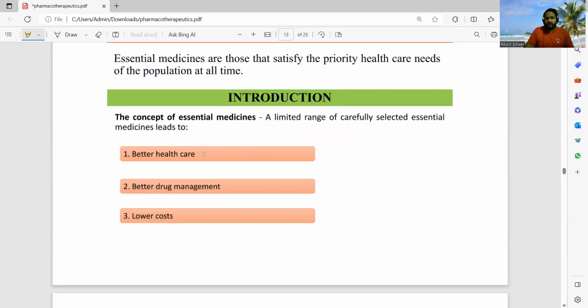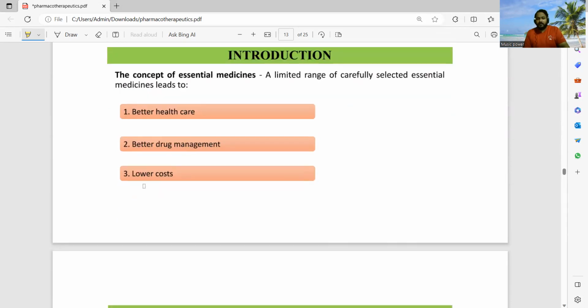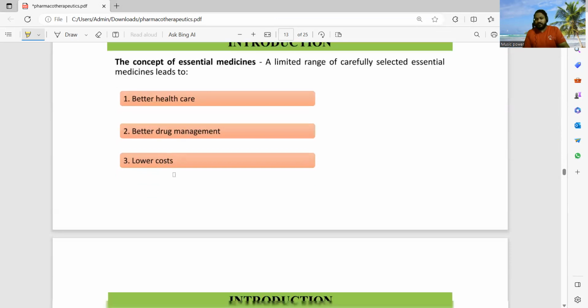What is the need of introduction? The concept of the essential medicine list is a limited range of carefully selected medicines. It provides better health care, better health management, better drug management, and at very low cost.